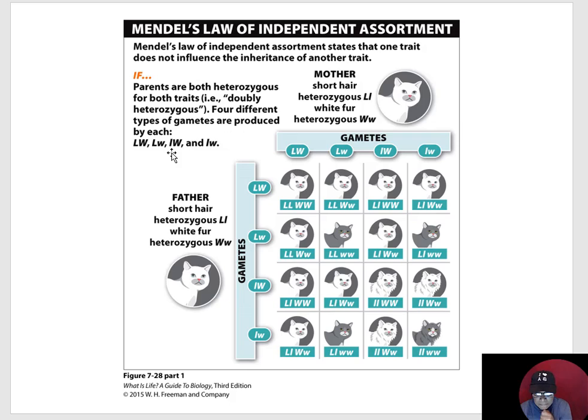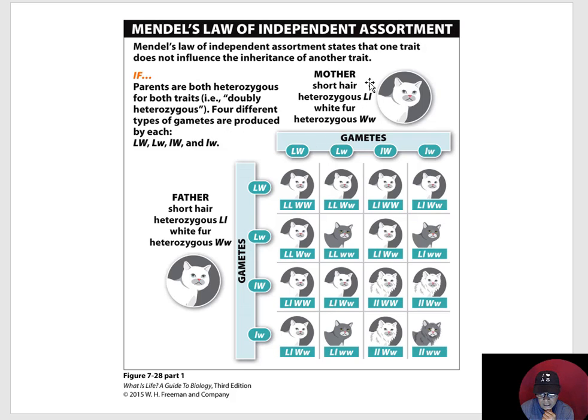This is now looking at 2 different traits. Before we looked at 1 gene Punnett squares. Now you're looking at a 2 gene Punnett square.